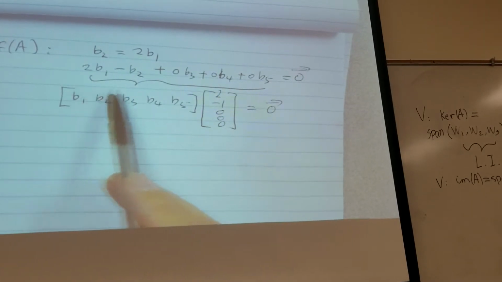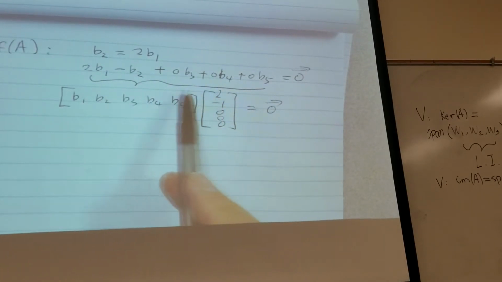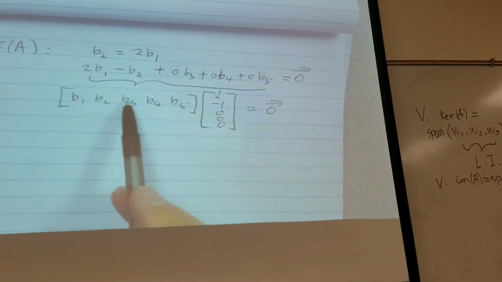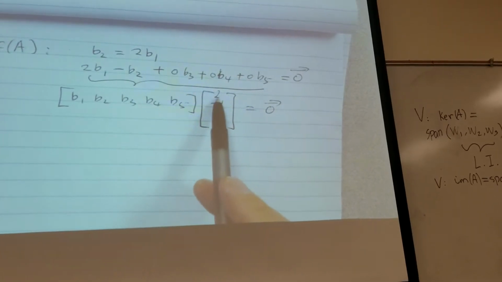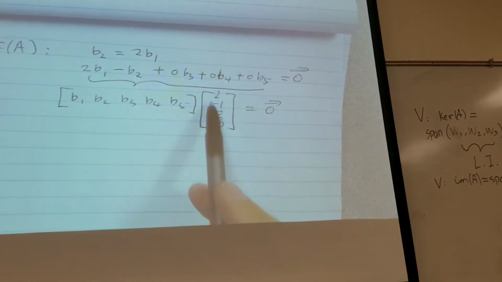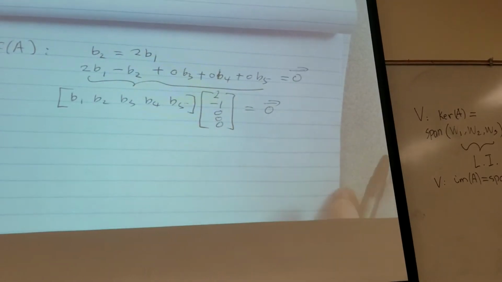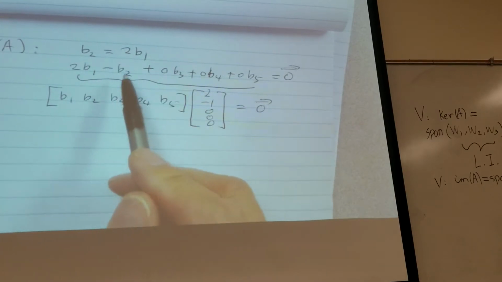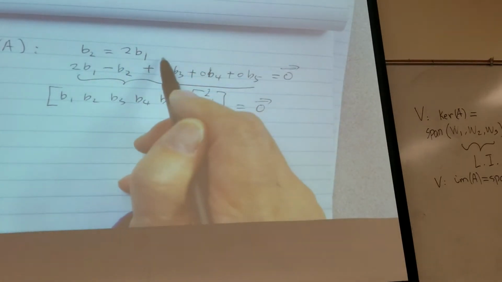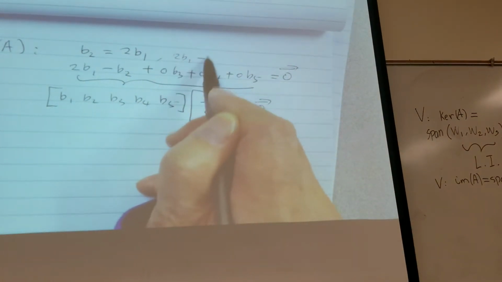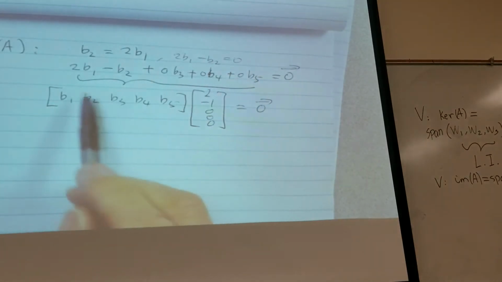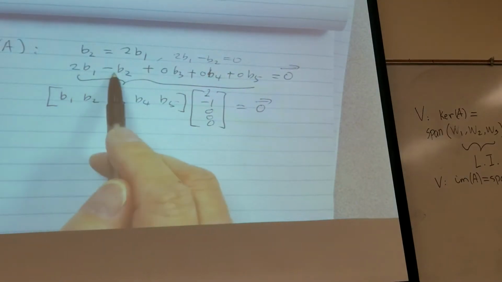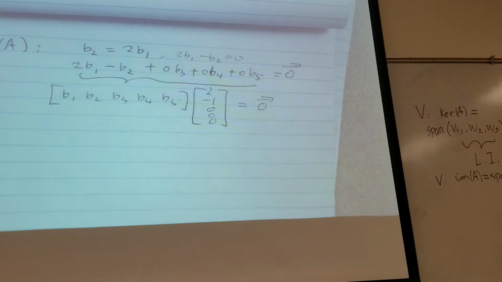You have a linear combination. You can rewrite this as a matrix times this column vector. Well, 2B1 minus B2 equals 0, right? So 2, minus 1, and then 3 zeros.